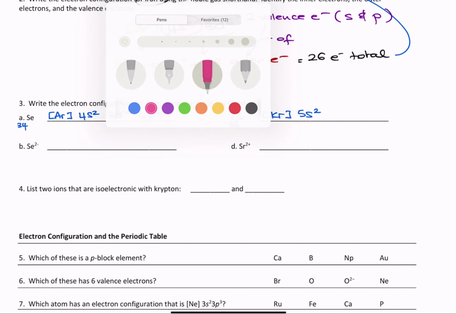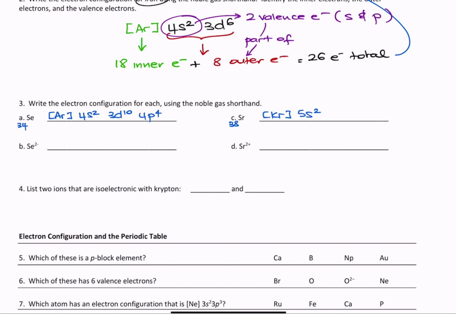Then here, what do we have to do? We need to take a look at B, which is the selenide ion that carries a net charge of -2. In order to get a net charge of 2 negative, what do we need to do? We need to gain 2 electrons.